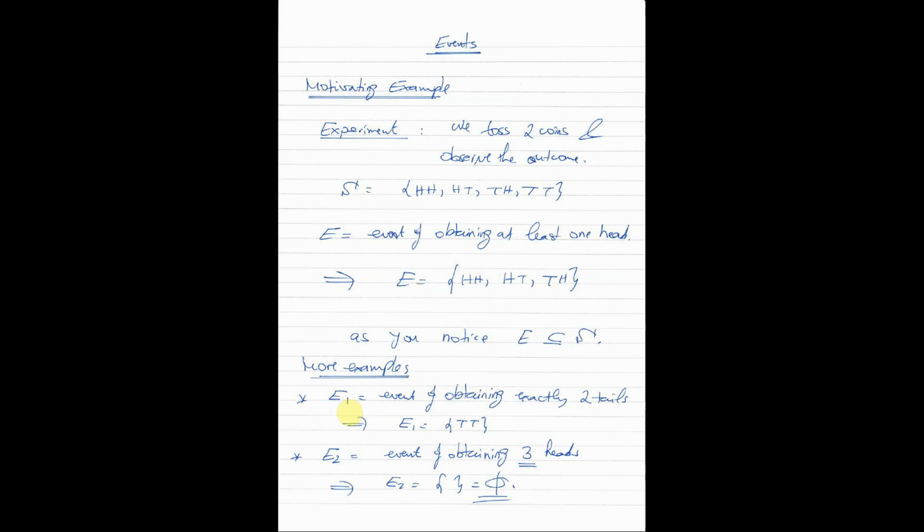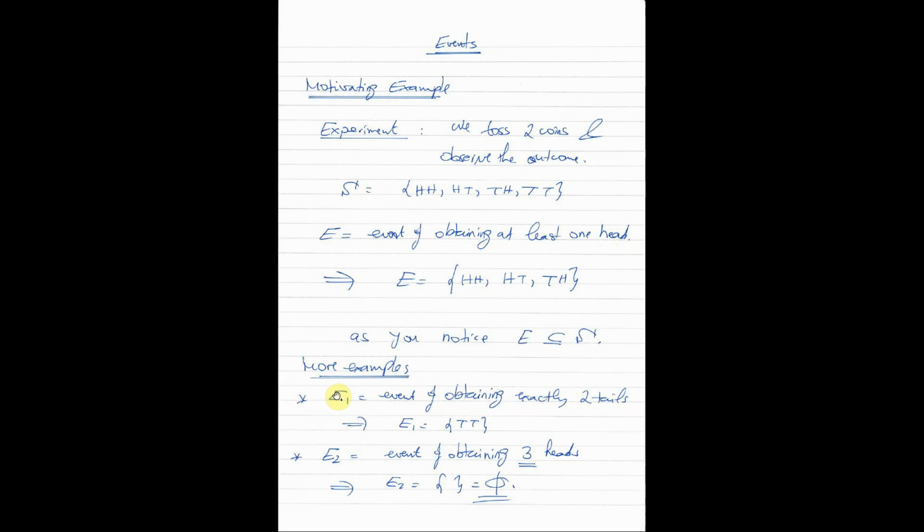Now, in terms of the meaning of this, what was E again? E was the event of obtaining at least one head, the event that you get one or more heads, one or two heads. E1 was the event of obtaining exactly two tails. Now imagine that you toss both coins and then you observe the outcome. Can these events be satisfied at the same time?